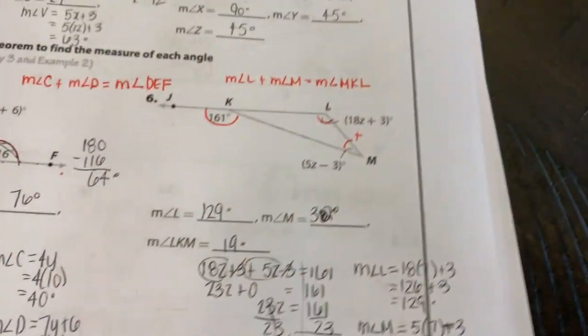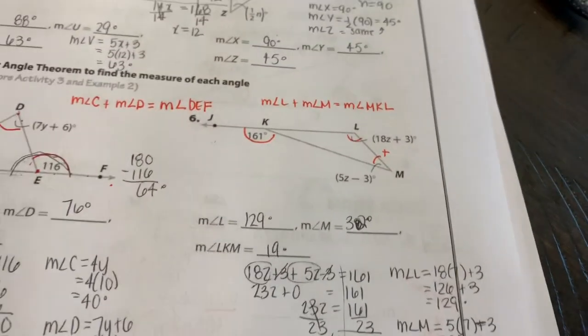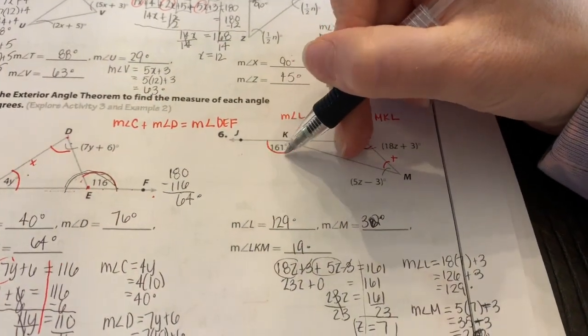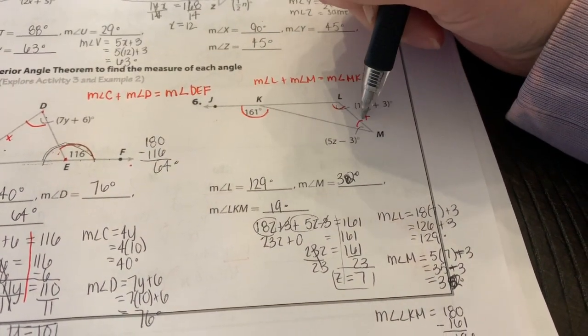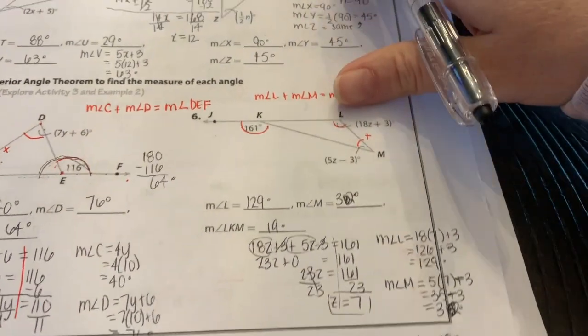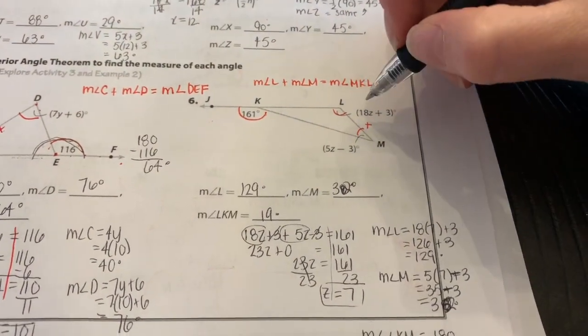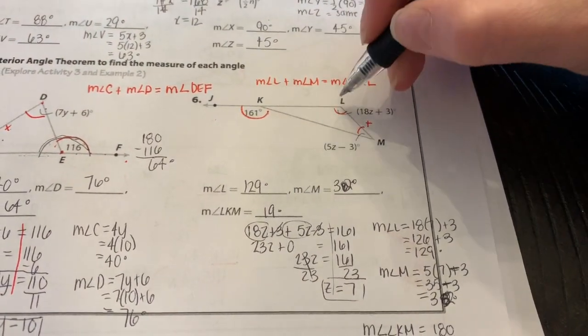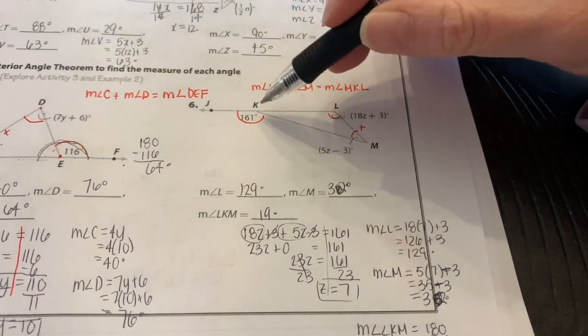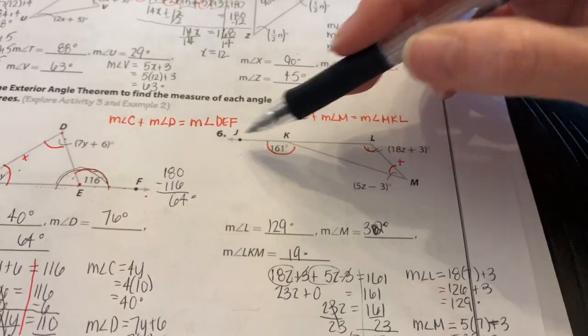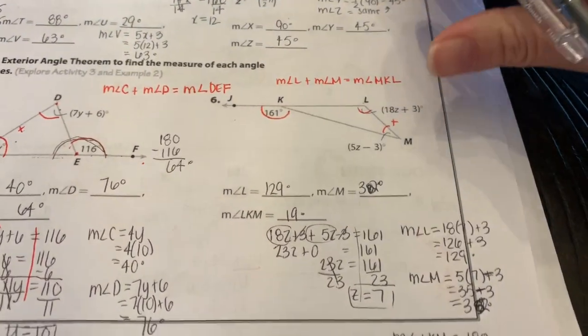And finally, our exterior angle theorem question. I see my exterior angle here, so I know that this is equal to the sum of these two opposite interiors. So I wrote it out. The measure of angle L plus the measure of angle M is equal to the measure of angle MKJ, or you can call it JKM, it doesn't matter, as long as the K is in the middle.